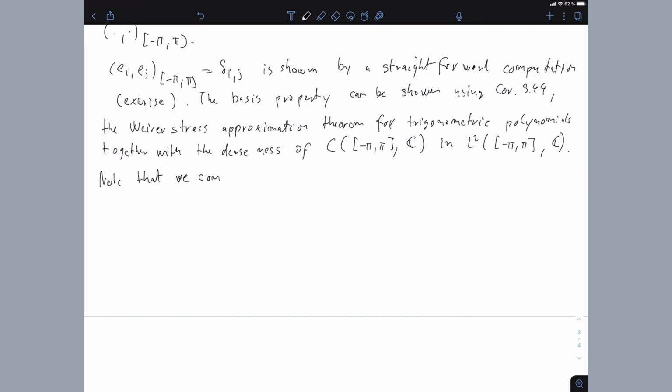So we can re-index Z with n, to use the results from section 3.2, our orthogonal expansion.